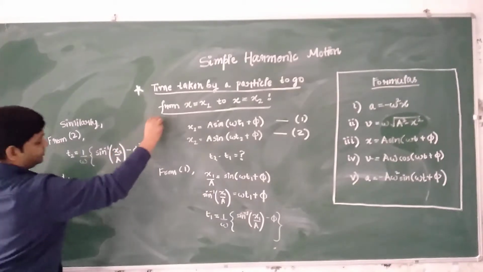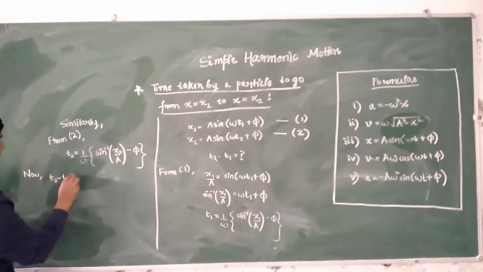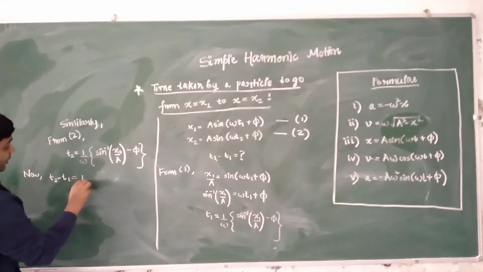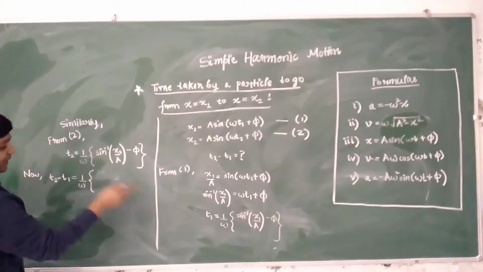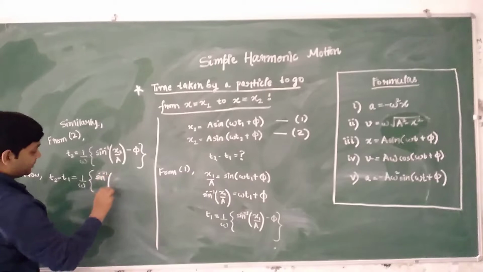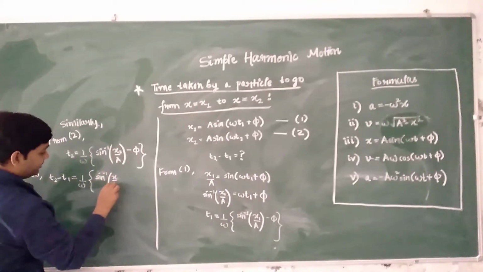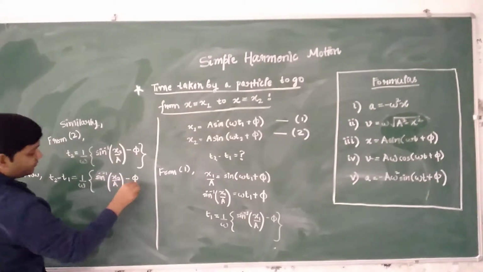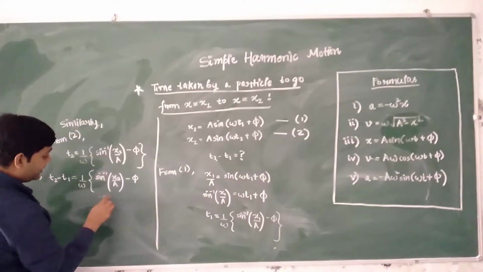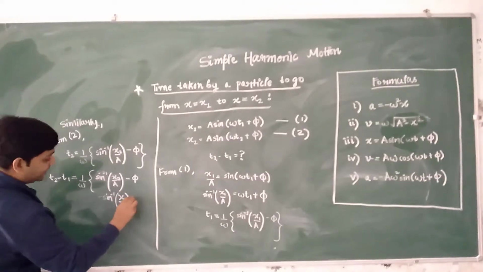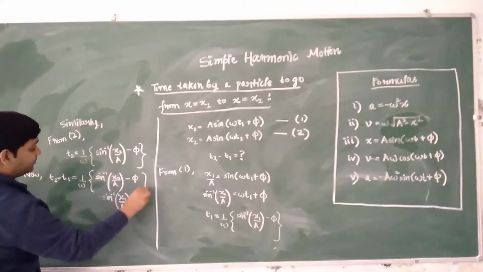Now t2 minus t1 will be equal to this minus this. So we will have 1 upon omega, this will be taken out common, and then we will have sine inverse x2 upon a minus phi, and then subtracting this, minus sine inverse x1 upon a plus phi. Minus minus will become plus.